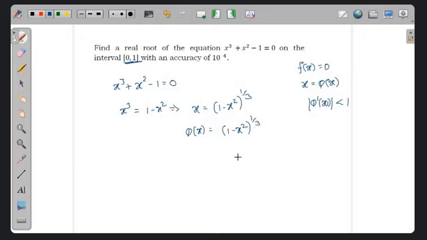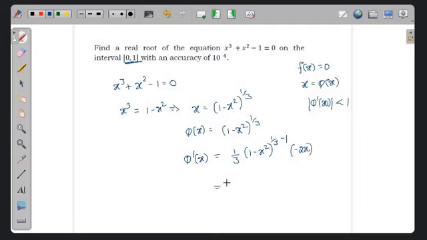Now the question is, what can you say about its derivative? Let's see, phi dash of x. You know that is 1 by 3 into (1 minus x square) whole to the power of 1 by 3 minus 1 into minus 2x.